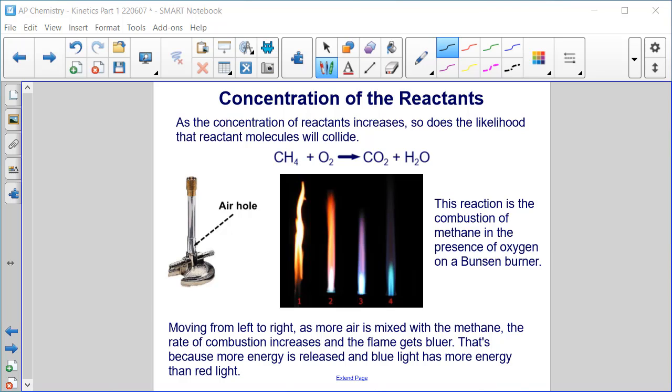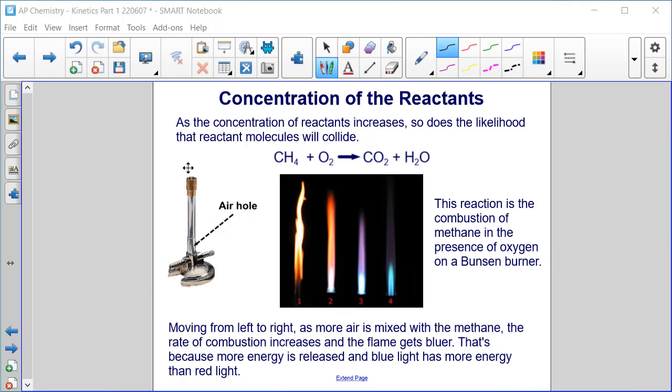Next, let's talk about how the concentration of the reactants might impact the reaction rate. As the concentration of reactants increases, so does the likelihood that the reactant molecules will collide. So we have a reaction here with this Bunsen burner.